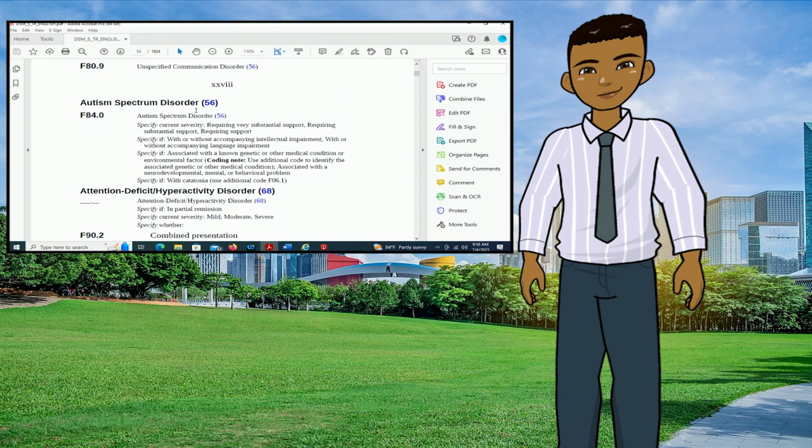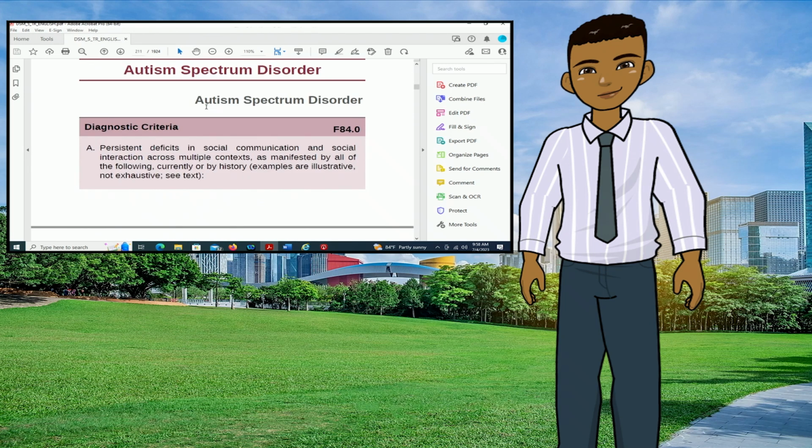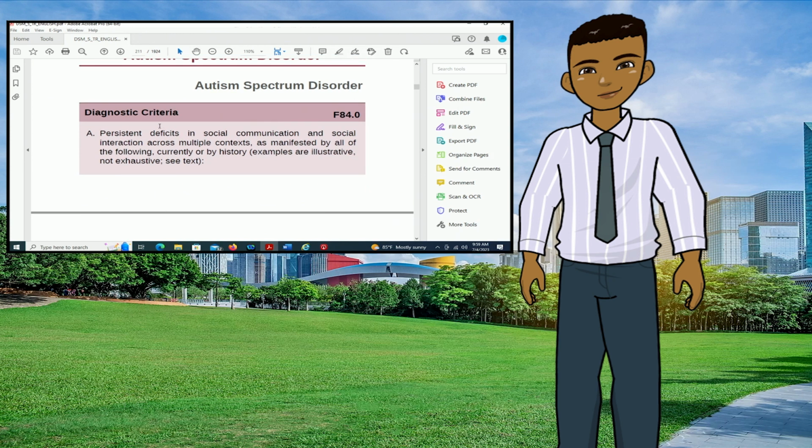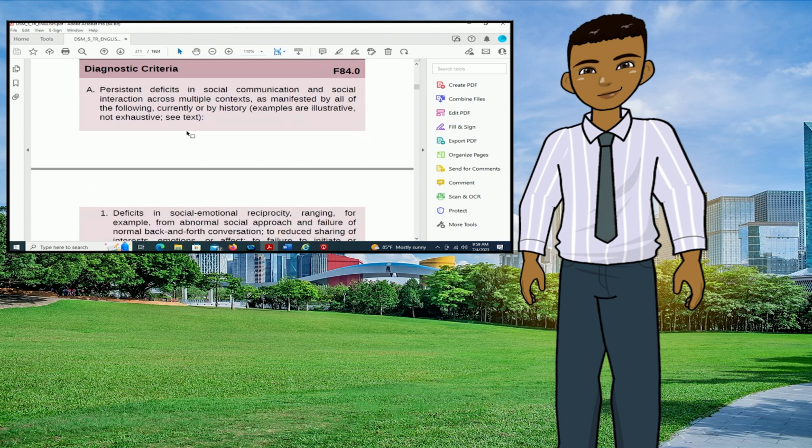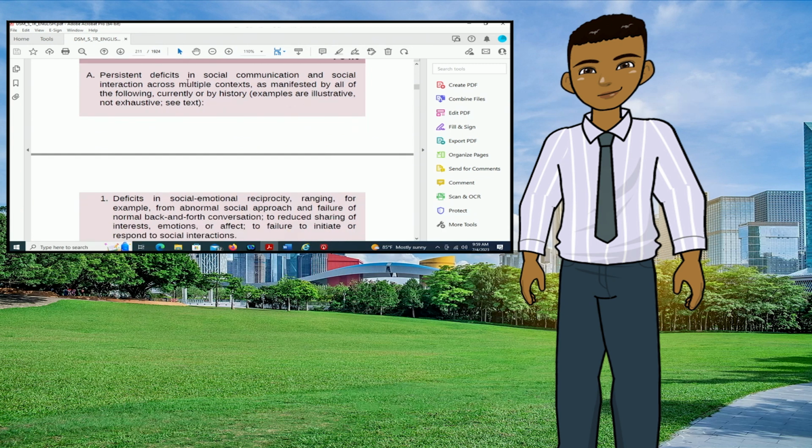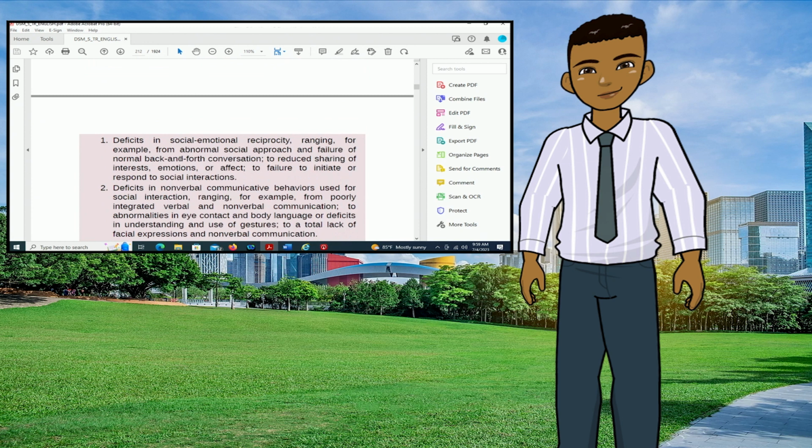And what you will do is go to the disorder. So for this one, autism spectrum disorder. For each disorder located in this DSM-5-TR, you will see first the diagnostic criteria set. It is your responsibility to make sure that you read each diagnostic criteria set for the specific disorders, which are noted by the bold diagnostic criteria set, as well as in these highlighted sections for each disorder.